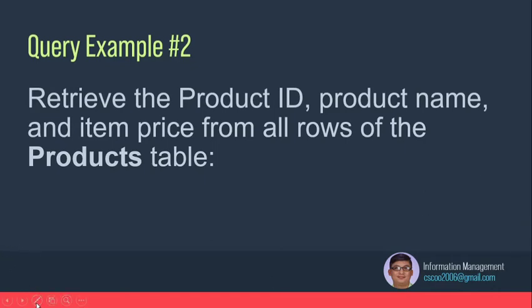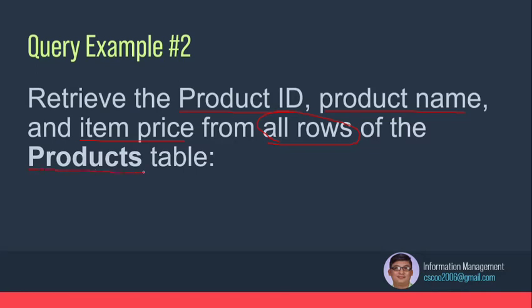In this query example, the needed columns are the product ID, the product name, and the item price. It also mentions that it requires all rows, which means all the records coming from the table. And it also mentions where the records came from: they will be retrieved from the products table.